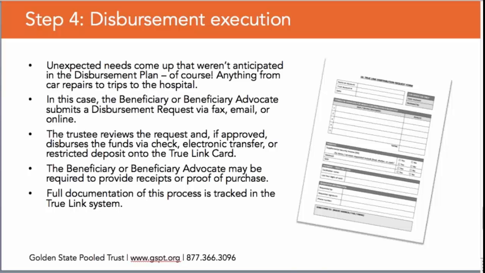So the beneficiary advocate and beneficiary are well informed that they may be required to provide receipts or proofs of purchase, and then it's really important that full documentation of this process be tracked. And that can be done with physical copies and a piece of paper in a file, or in a totally paperless way, like with the TrueLink system.